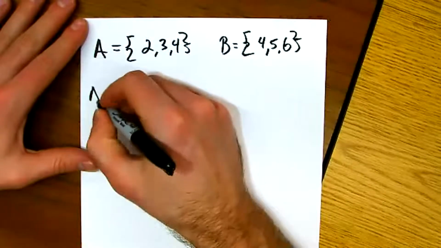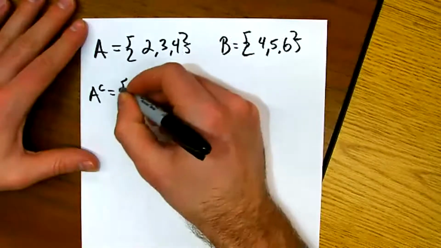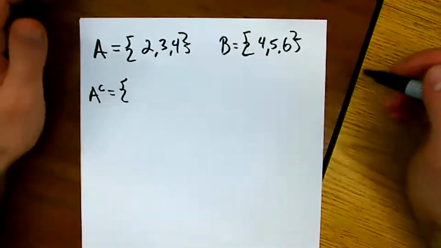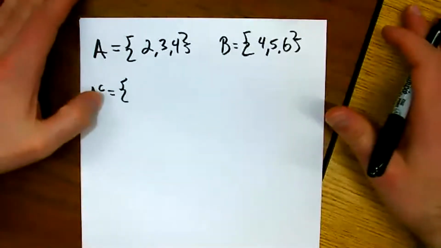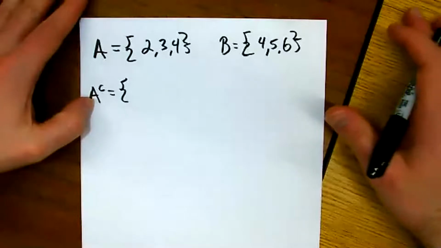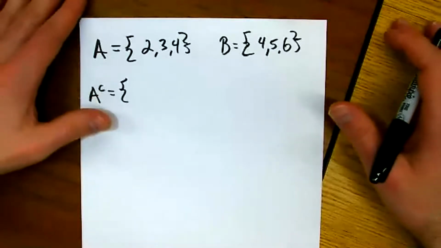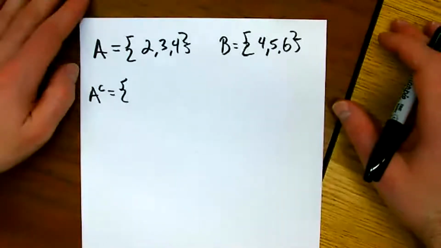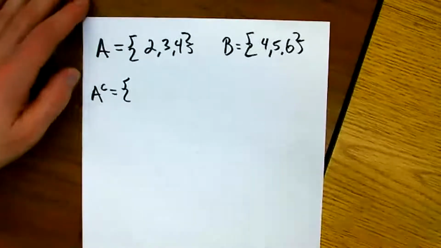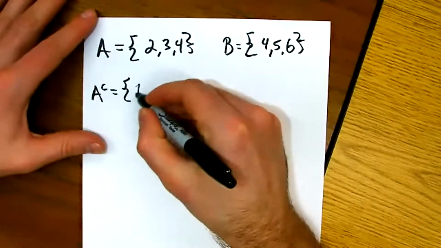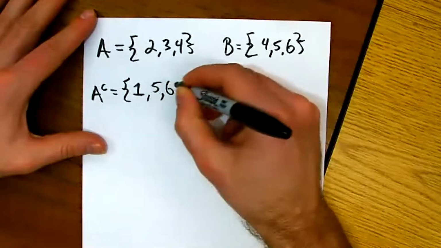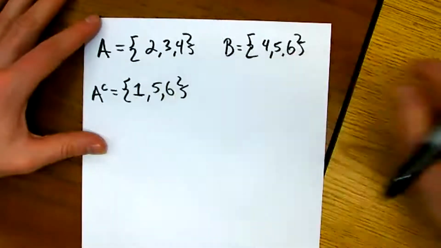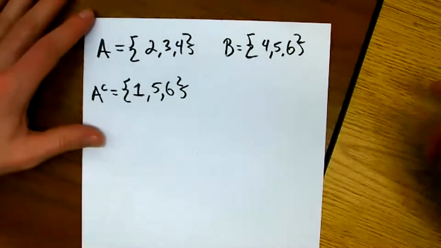If I wanted a complement, what are the outcomes that would be in A complement? Remember, we said the complement is every outcome not in whatever event we're looking at. So every outcome not in A, which would be which numbers, if I'm rolling a dice? Yeah, right. 1, 5, and 6 are the only numbers that aren't in A. Okay.